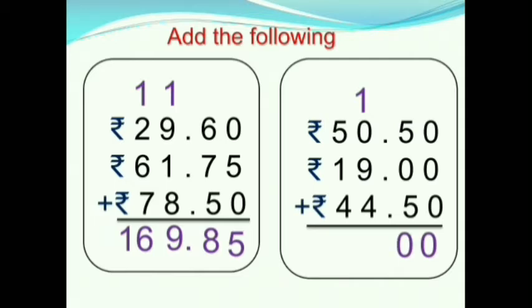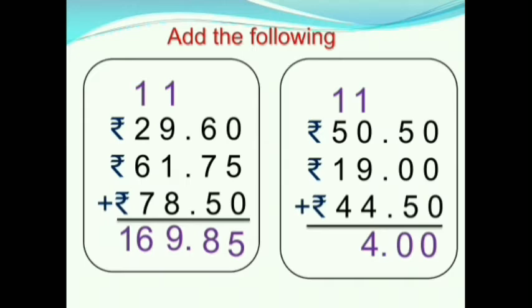Now we should add 1, 0, 9, 4. 1 plus 0, 1. 1 plus 9, 10. 10 plus 4, 14. Write 1 above the 5 and 4 right below the 4.